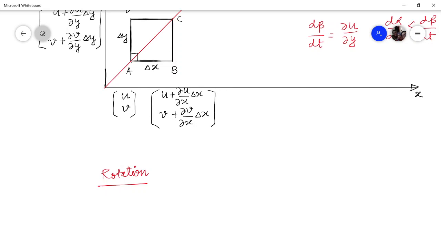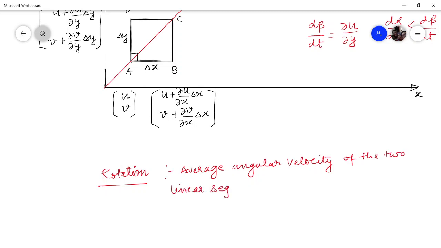At any point A, rotation is defined as the average angular velocity of the two linear segments which were initially perpendicular. So the average of the angular velocities of these two is what we call rotation.